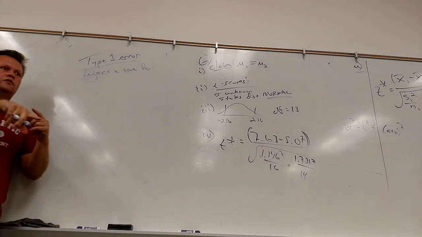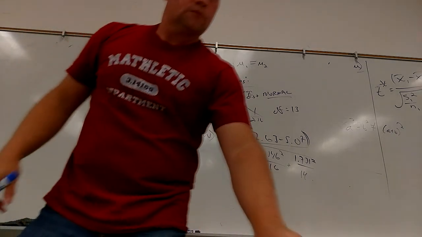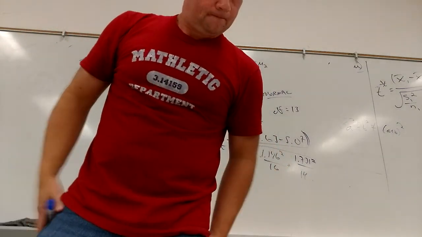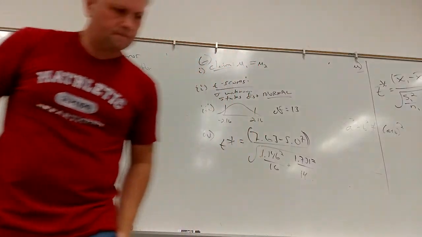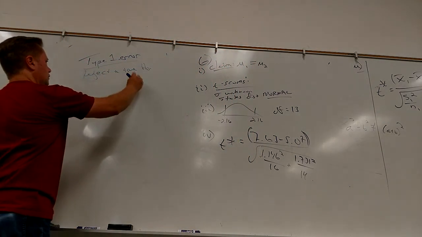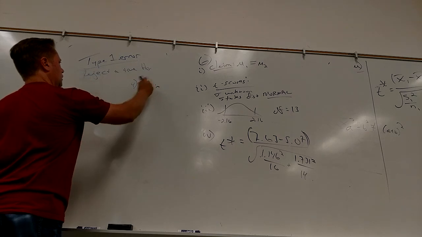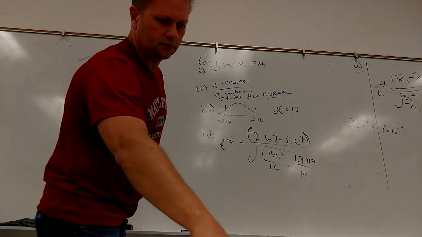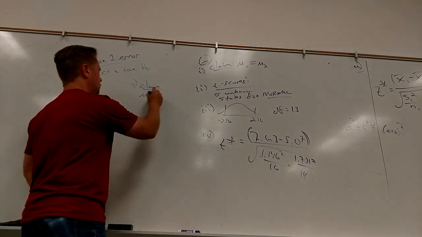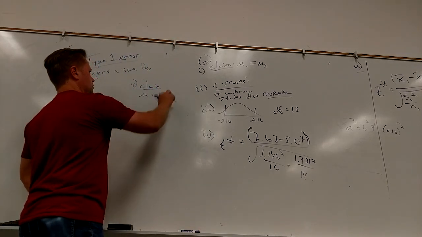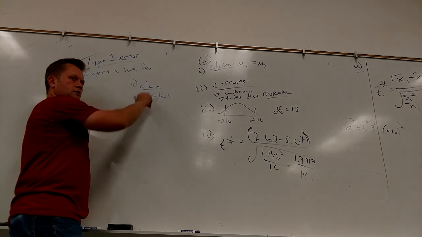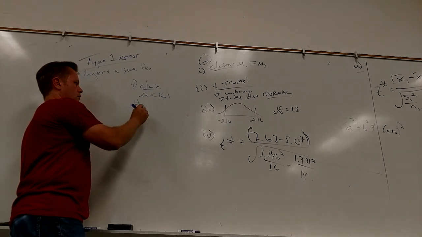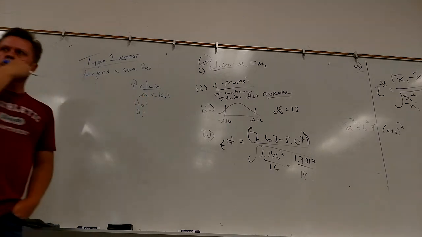What was a null for number 4? So if you do number 4, the claim was that the mean is less than 16.1. So which one would this be? H1.